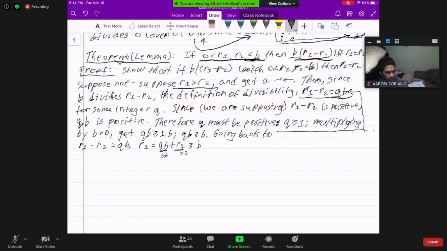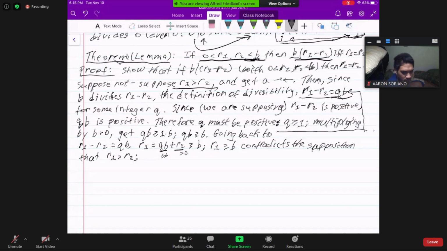So that means R sub 1 is bigger than QB, which is greater than or equal to B, plus something that's positive, which means R sub 1 is greater than or equal to B. But that contradicts the supposition that they're not equal, that R sub 1 is bigger than R sub 2.